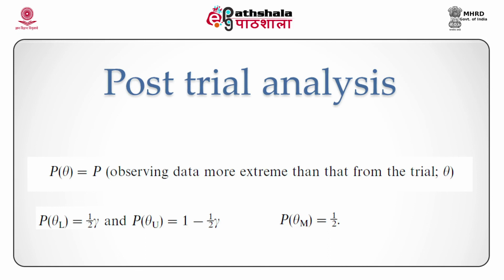So, most analysis methods are based on some kind of ordering of the possible data sets which could be observed at the end of the trial, and we wish to find the probability of observing data which is more extreme than that which has been observed. The p-value function in this case is defined as p(theta) equal to the probability of observing data more extreme than that from the trial, given theta.